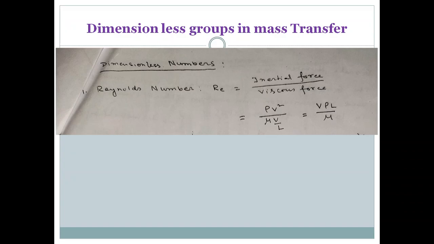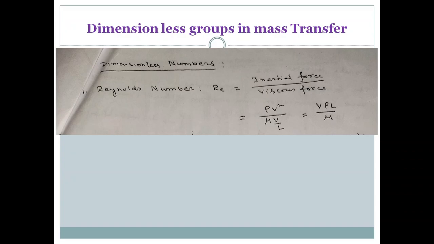Any fluid, any diameter, any metal pipe, up to 2100 the fluid will be laminar.